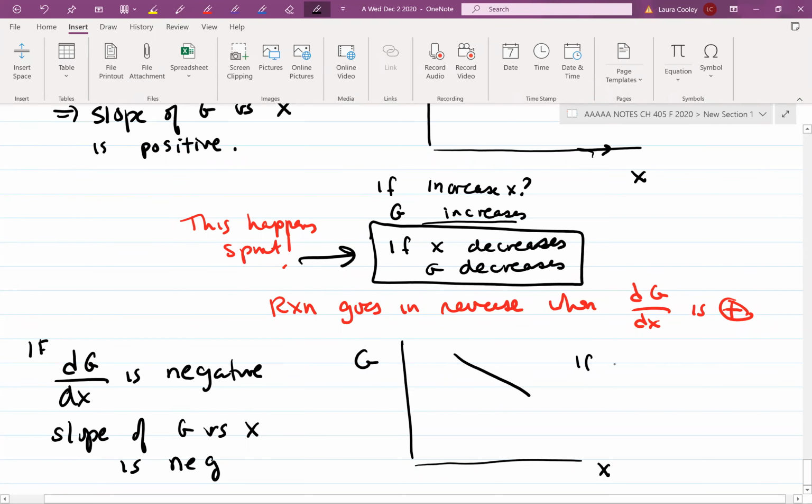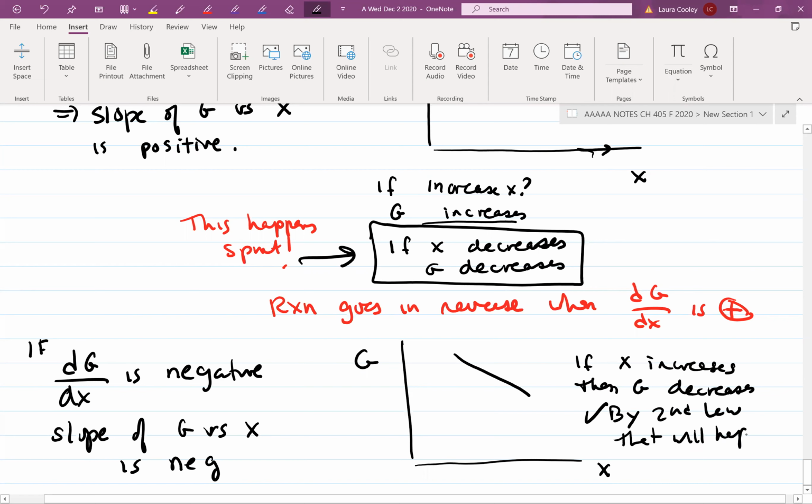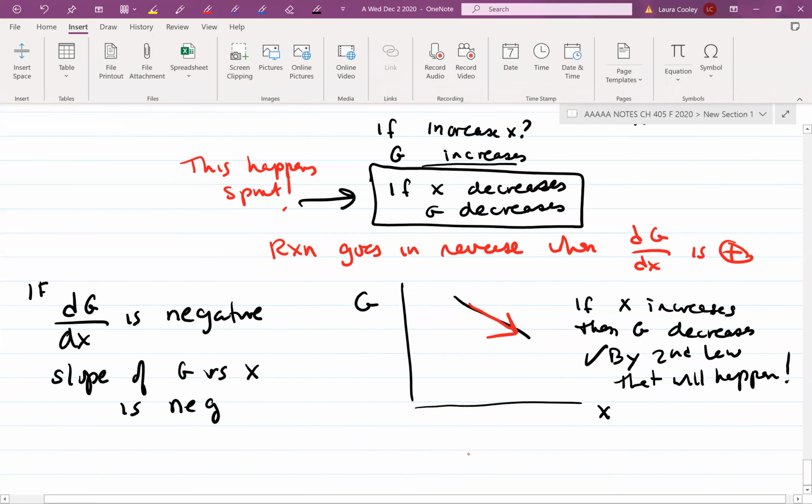So now if X increases, if the reaction goes to the right, that's what increasing X means, then G decreases. And so by the second law, that will happen. Because we've used the second law to show that the Gibbs free energy has to decrease. And the reaction will go in a direction that decreases G, so the reaction will go forward.